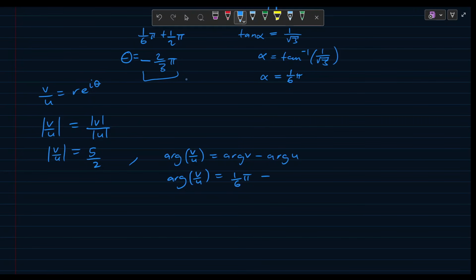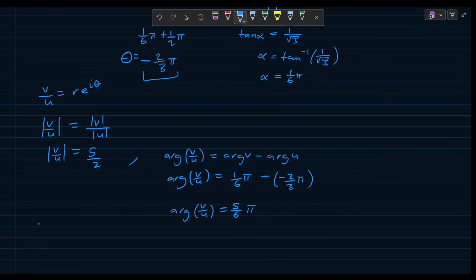Arg u is negative 2/3 pi, so minus negative 2/3 pi. And so we get that arg v over u is equal to 1 over 6 pi plus 2/3 pi. So that gives us 5 over 6 pi.